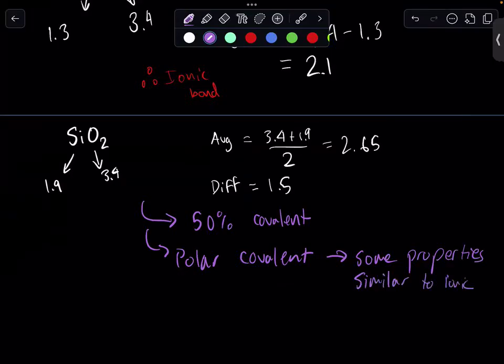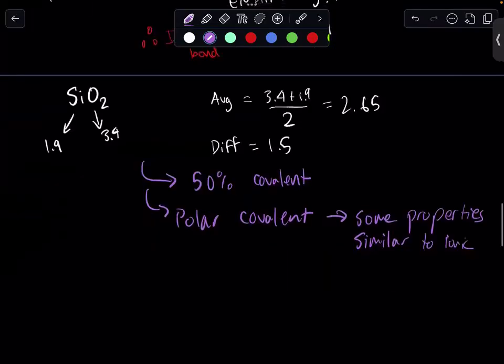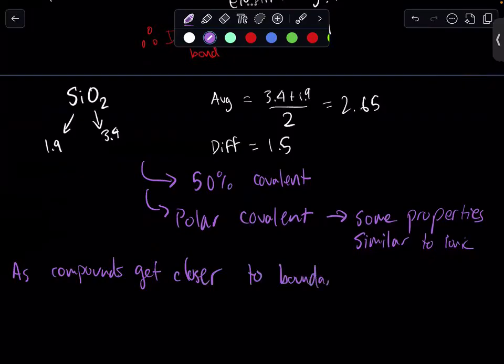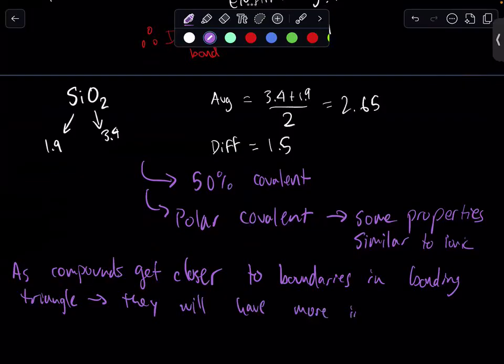While we have very clear divisions, as compounds get closer to boundaries in the bonding triangle, they will have more intermediate properties.